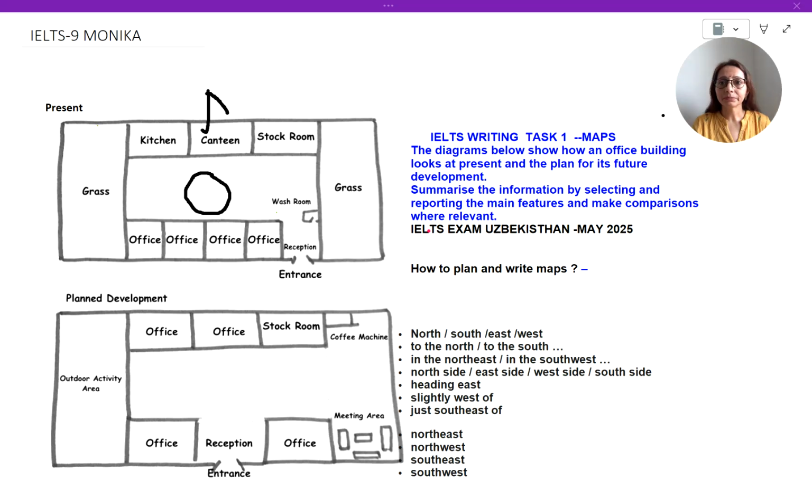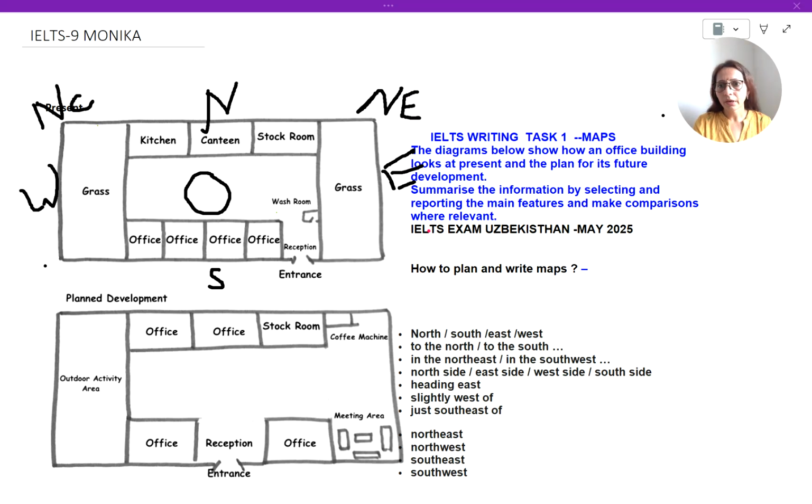This is north, south, west, east. After getting these directions, it is easy to get northwest. Okay, north, east, here south, west, south, east. So hopefully next time you will not forget any directional words when you are writing a map diagram. And even in listening, just with a pencil mark these directional words on the map.